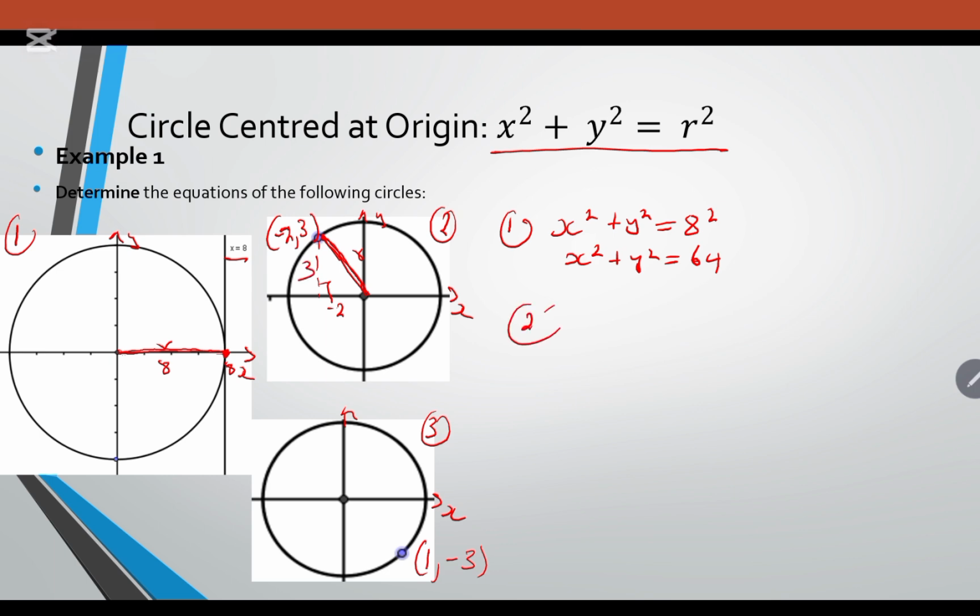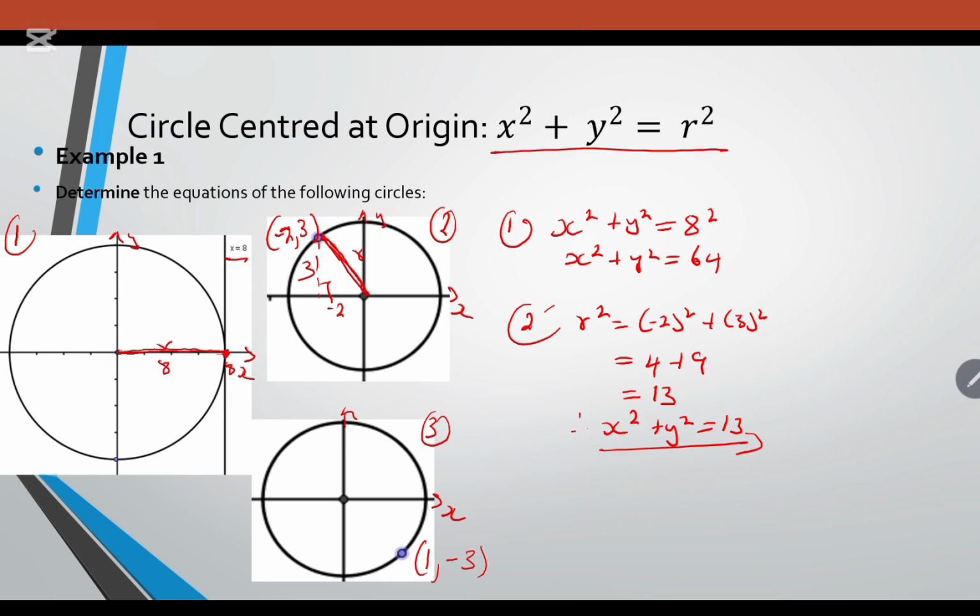So r squared is equal to (-2) squared plus 3 squared. So this is 4 plus 9, and all this is 13. So r squared is equal to 13. Therefore, the equation of the circle is x squared plus y squared is equal to 13. So this is the equation of that circle.